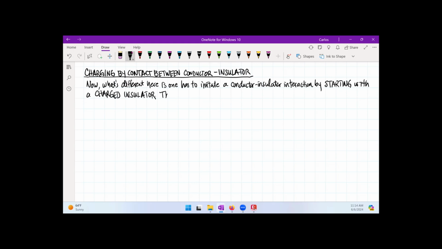This implies that the charged insulator is in a higher energy state initially.